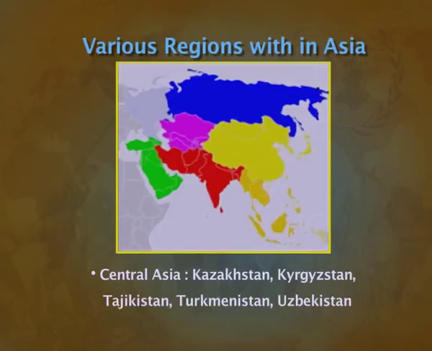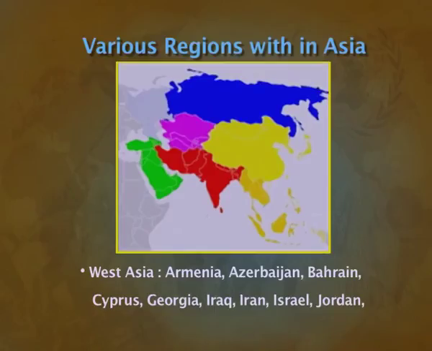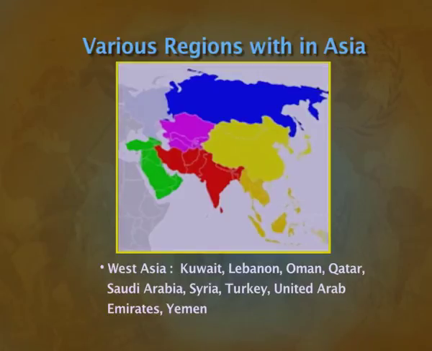The countries which are shown pink in color on this map form the region called Central Asia. And these are Kazakhstan, Kyrgyzstan, Tajikistan, Turkmenistan and Uzbekistan. The countries which are green in color are West Asia, and these include Armenia, Azerbaijan, Bahrain, Cyprus, Georgia, Iran, Iraq, Israel, Jordan, Kuwait, Lebanon, Oman, Qatar, Saudi Arabia, Syria, Turkey, United Arab Emirates and Yemen.